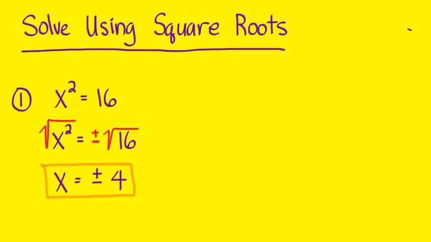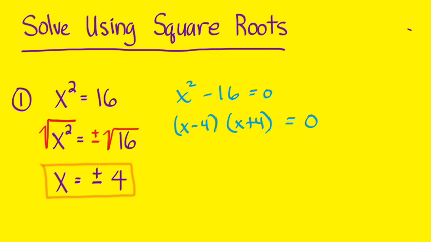Let me just remind you again that if I have x squared and I subtract the 16 from both sides to put it in standard form, then if I were to solve by factoring, I'd get x minus 4 and x plus 4, and then I would solve when they equal 0, right?